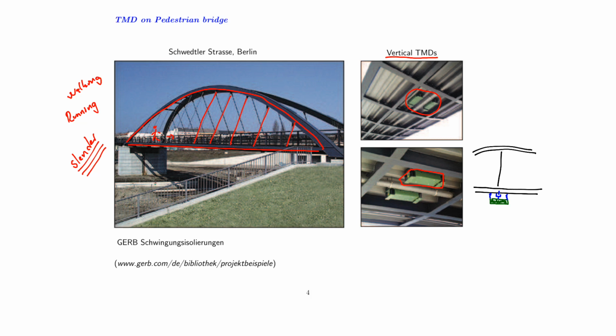So without the TMD, we will have very large deflections of our bridge when, for instance, people are running across the bridge. Now, once we have installed our TMD, the TMD will make sure that the deflection of the bridge deck is reduced significantly, but it is at the cost of very large TMD deflections.